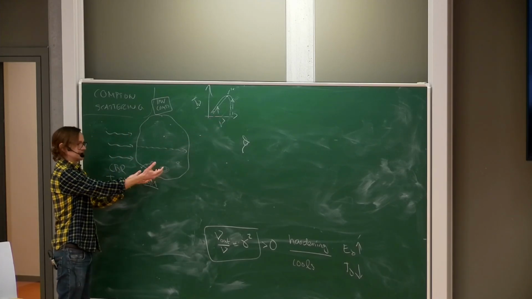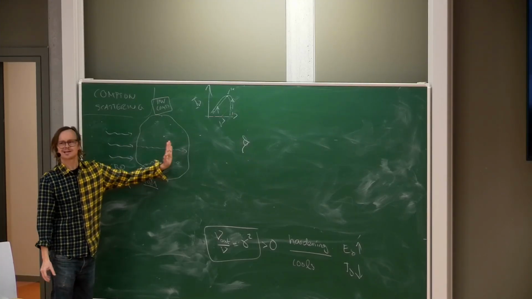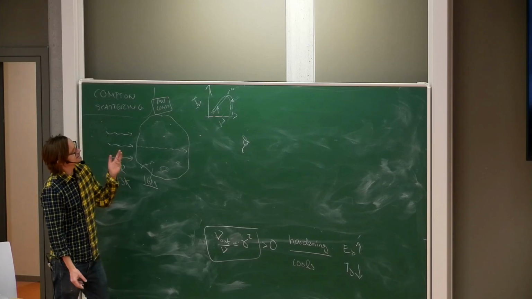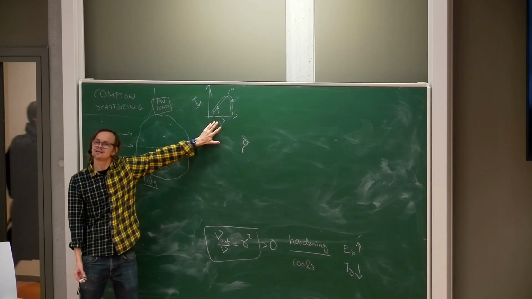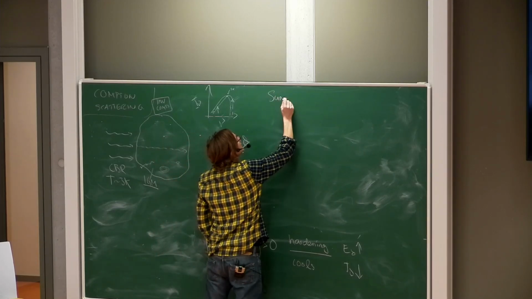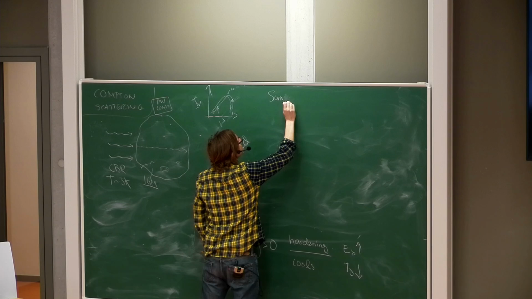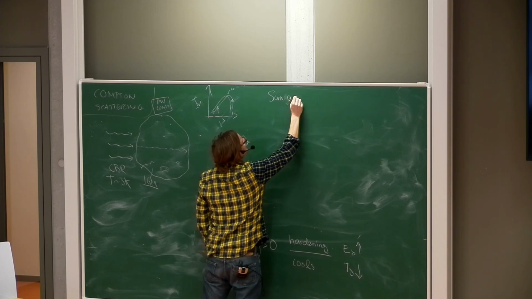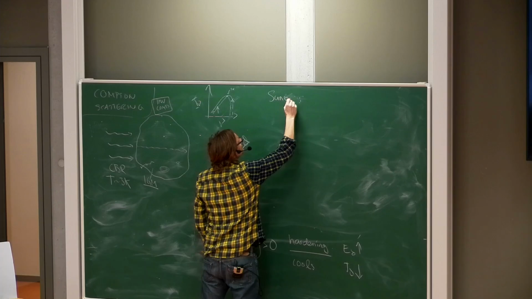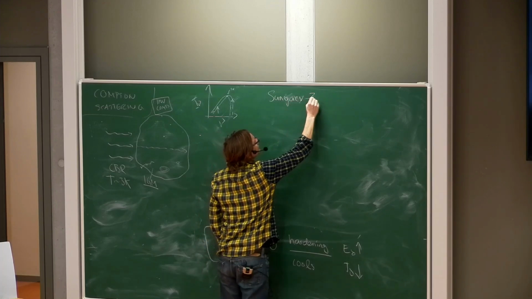Now, galaxy clusters, on the other hand, are huge, so this can happen many times. And the interesting thing is that this effect is observable. It is called the Sunyaev-Zeldovich effect.